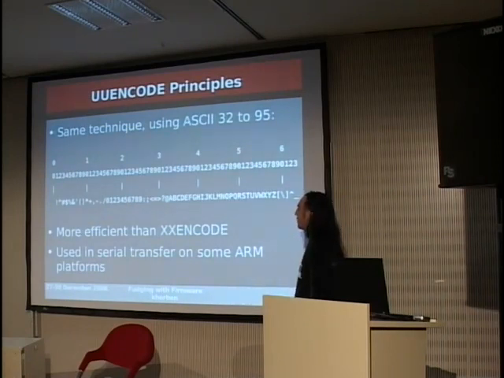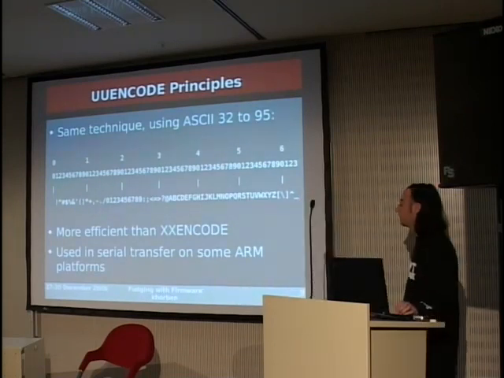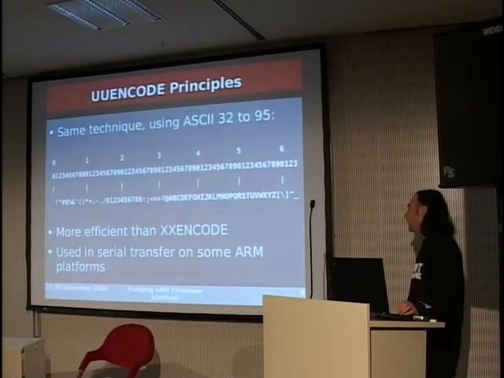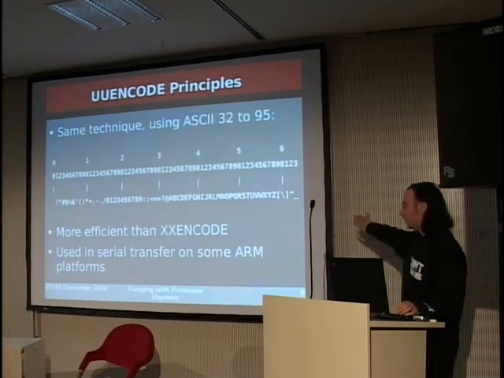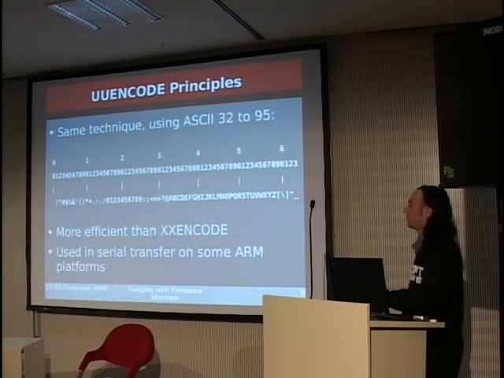So it's faster, and if you want a concrete example of where you may encounter this format, if you have some ARM test boards, you will most likely have software uploading the firmware using this encoding. So if you intercept it in any way, or if you get it encoded this way, that's the way to decode it.